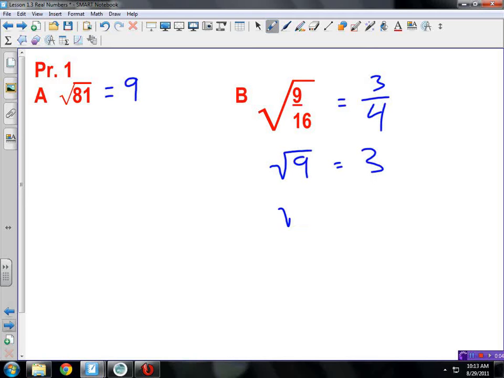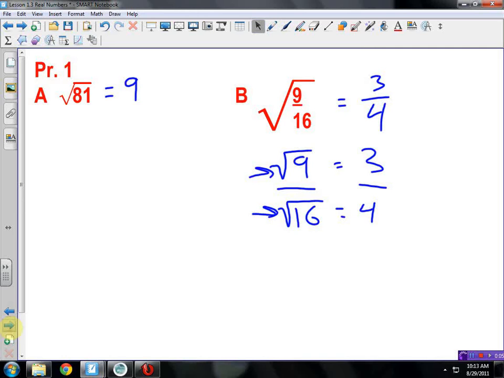And we take that square root sign and we say, what's the square root of 16? 4. And then it was a fraction, right, to make 3/4. If you have a fraction that is being square rooted, you can put the square root on top and bottom. Sometimes it makes the answer a lot easier, doesn't it? Okay. And Hood, that's what you did, right? You didn't just guess and guess right?